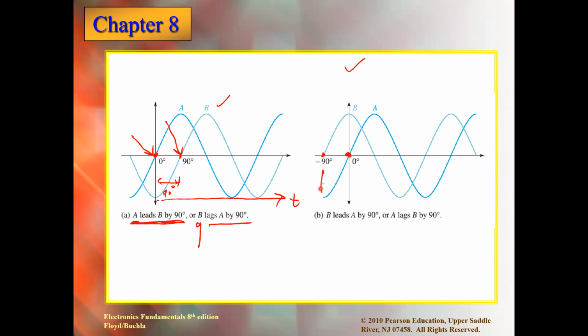B is starting before A. So B leads A by 90, because the degree is given. Also, we can say A lags B by 90. So this way, by knowing the phase angles, we can relate the given waveforms. This is the way.